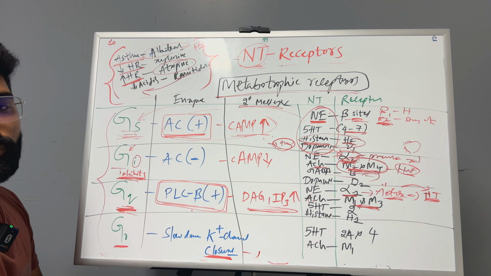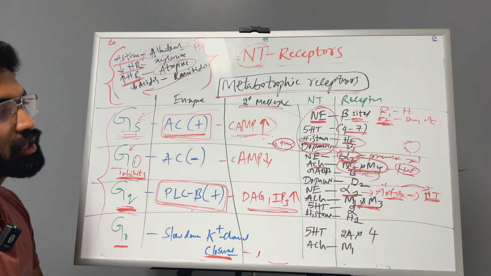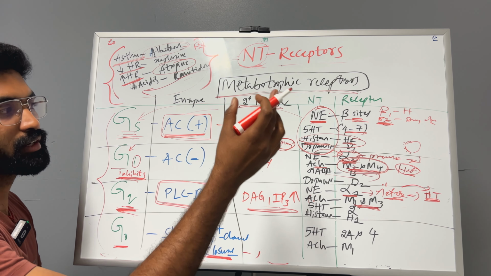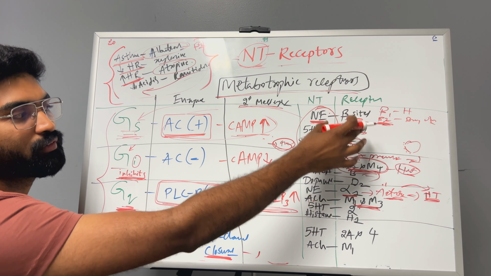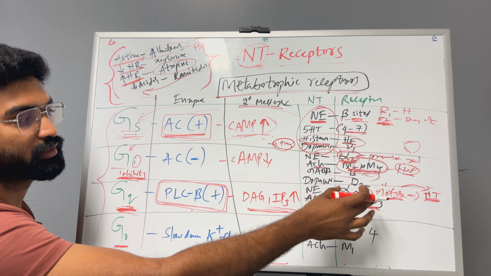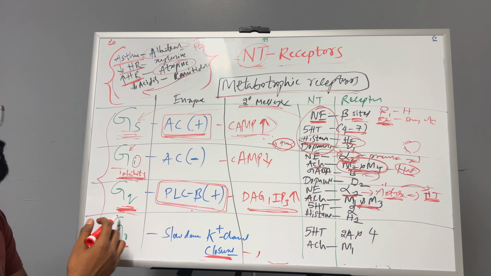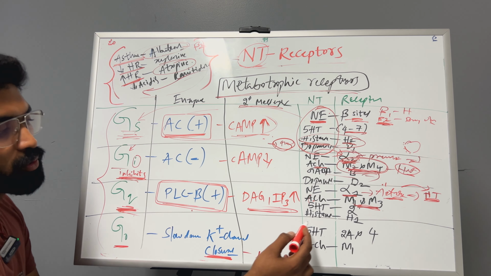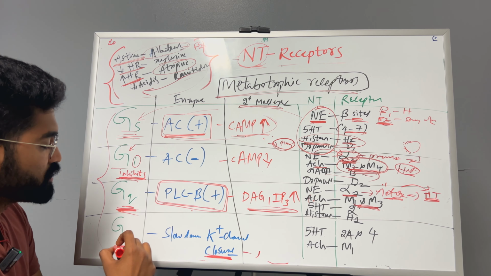Okay, now you have an idea how different types of drugs are able to control certain effects based on the type of receptors they are binding with. So this is about the GS, GI and GQ. Now coming to the last one, GO.